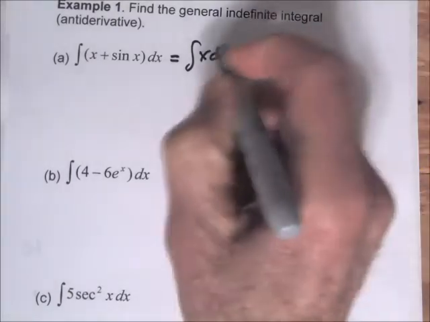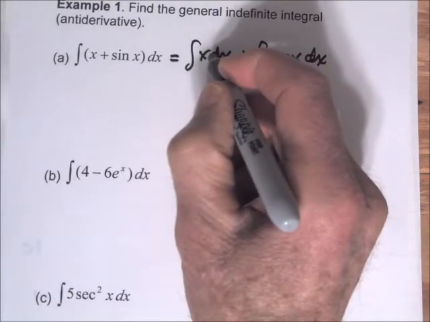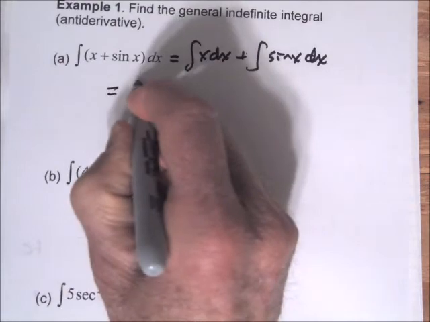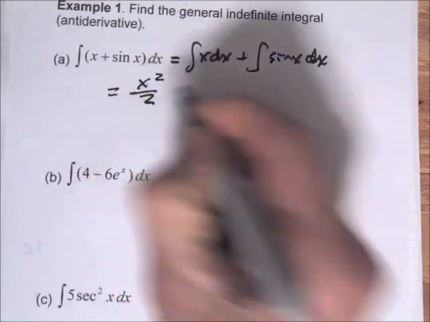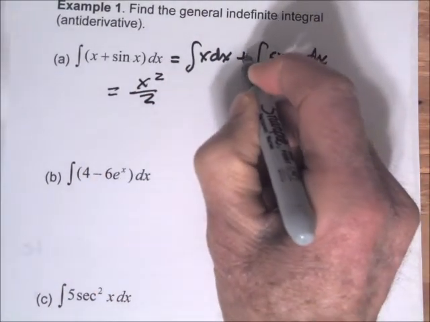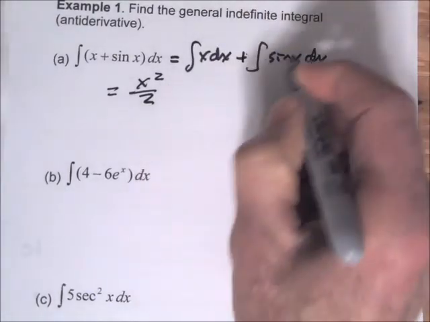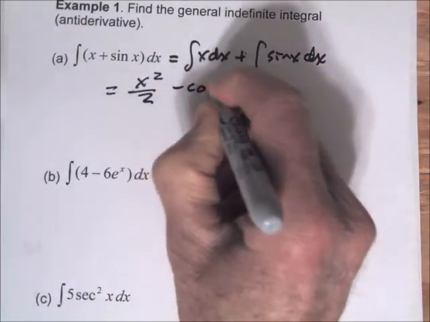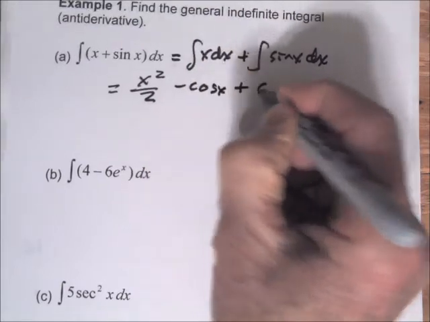This is the power rule, the reverse of the power rule for derivatives. Instead of subtracting from the exponent, you add to the exponent. So this is going to be x squared over 2. And this is going to be minus the cosine of x. The derivative of sine is the cosine, but the antiderivative is minus the cosine of x. And then plus a constant.